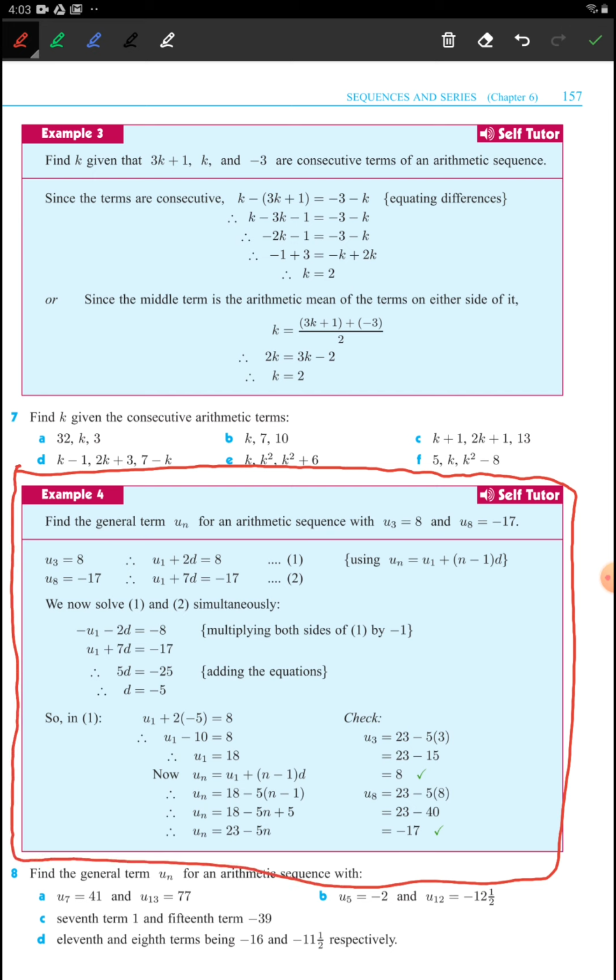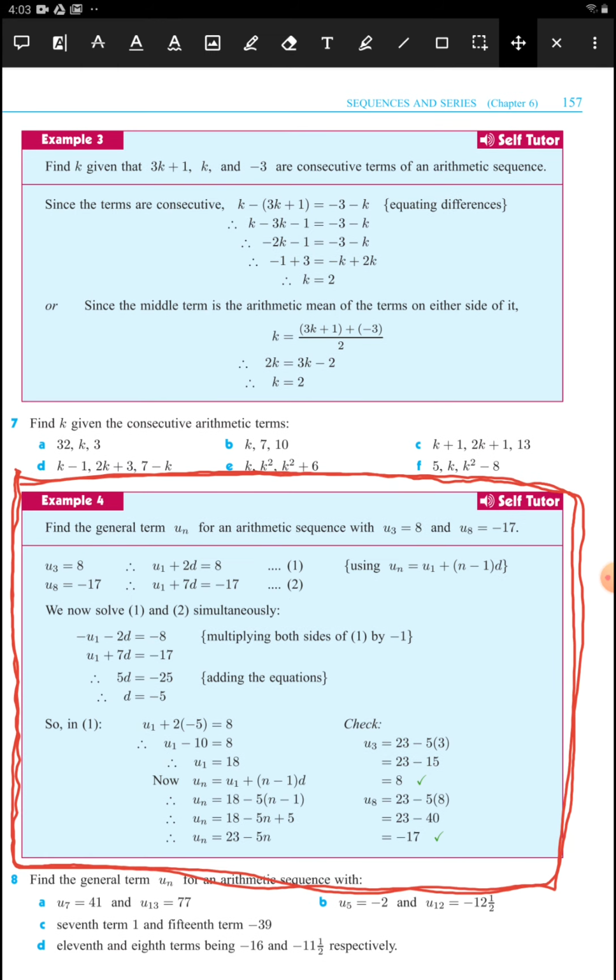So just take a minute, pause it, copy everything from example 4. Okay, so go ahead and pause, and then we're going to talk about it.